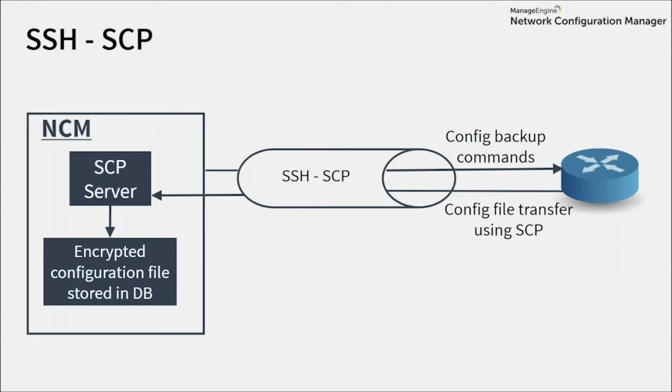In the SSH SCP, the communication channel is established using SSH and SCP, and the configuration commands are sent through this channel using the SSH protocol, and the device responds by sending the configuration file through this channel back to the SCP server using the SCP protocol, and the SCP server receives this configuration, encrypts it, and stores it in the database.